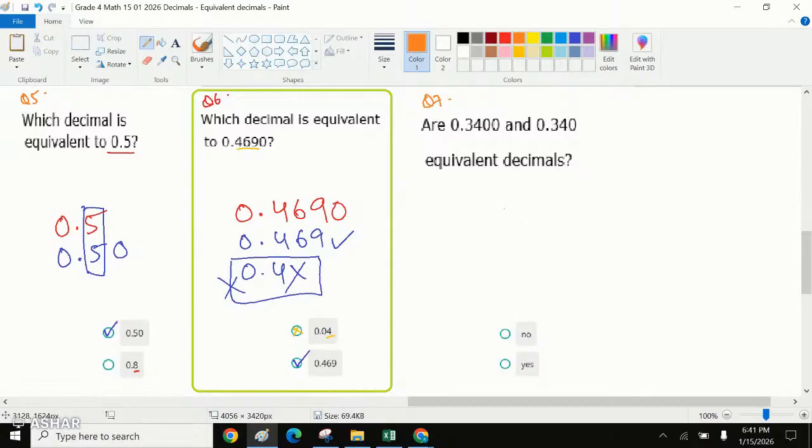Let's see why. If the first number is 0.3400 and the second number is 0.340, what we can see is that the numbers were in exactly the same position and they were exactly the same, right? So yes, they are equivalent decimals. And we remember that a decimal point comes exactly under a decimal point, right? Okay, Rowan, do we agree?